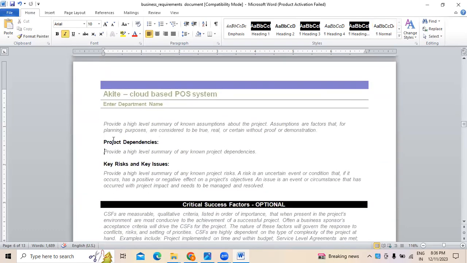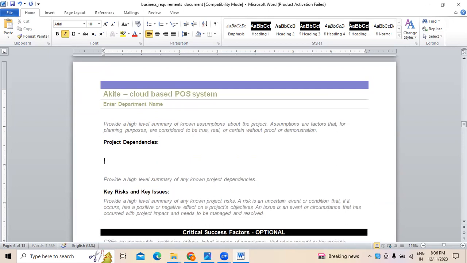Next, dependencies. What is meant by dependency here? Depending on the application, I mean the cloud-based point of sale system, the application performance depends on the speed of broadband connectivity. Let's say, for example, we have developed an application and given it to the customer.